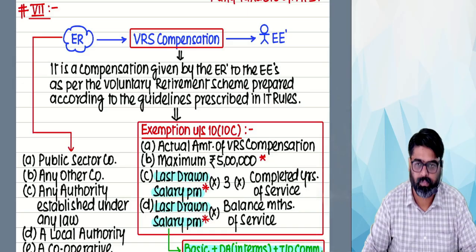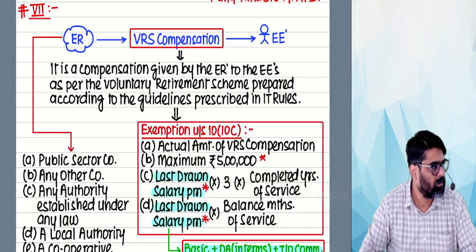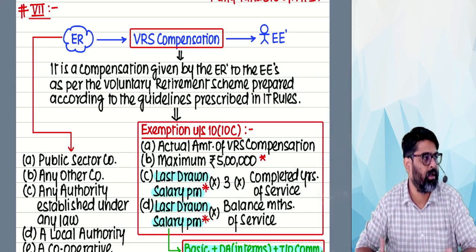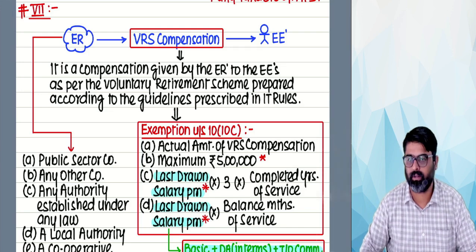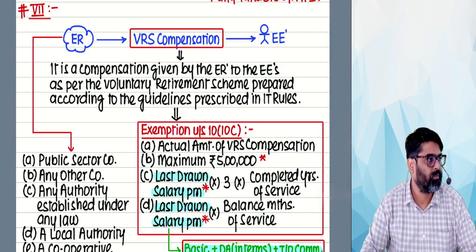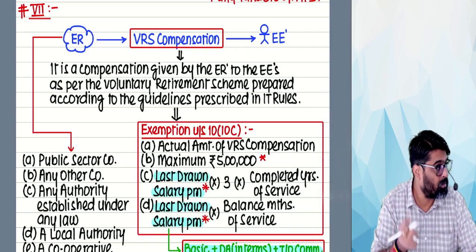This scheme, the voluntary retirement scheme, will be a win-win situation for both employer as well as employees. Employees will get the opportunity to leave the organization and join somewhere else where they can give their services. Yes or no? And they'll get a good amount as compensation also.